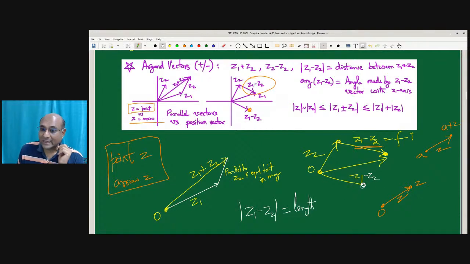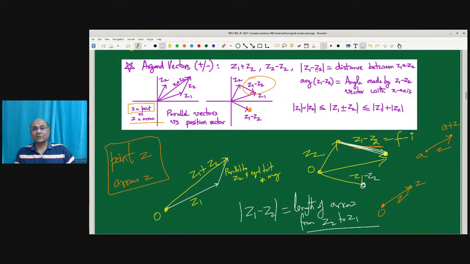But instead of that, you can say it is the length of the arrow from Z2 to Z1. So modulus of Z1 minus Z2 is the distance between Z1 and Z2. Super useful. Why? Because when you take circles, you want the distance between the center and that point to be constant.